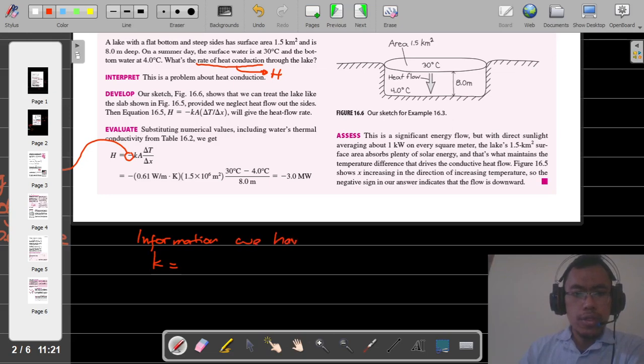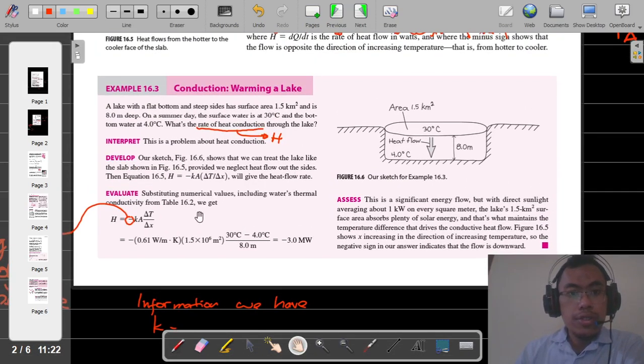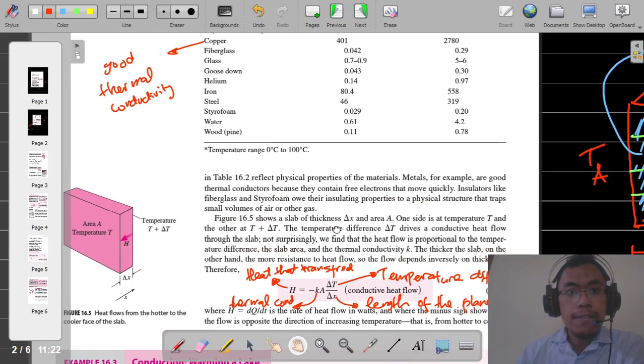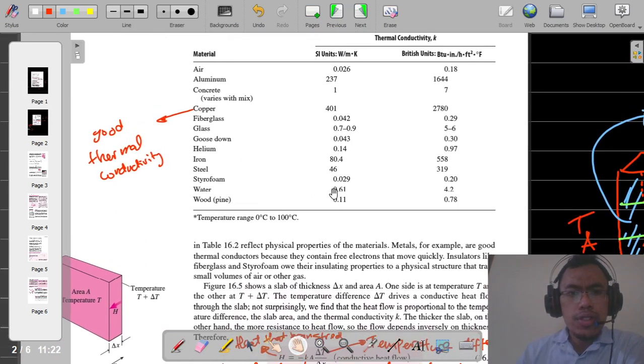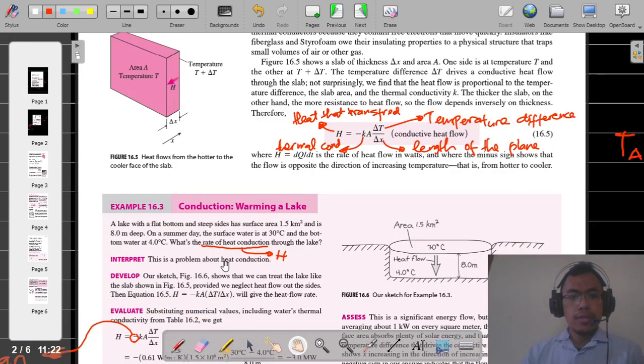This is the K for water, the thermal conductivity of water: 0.61 watt per meter Kelvin.